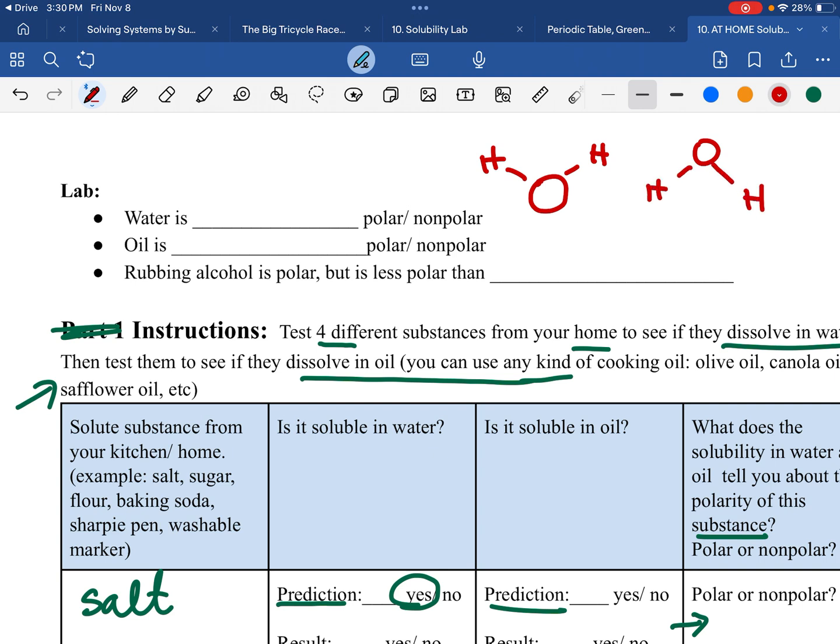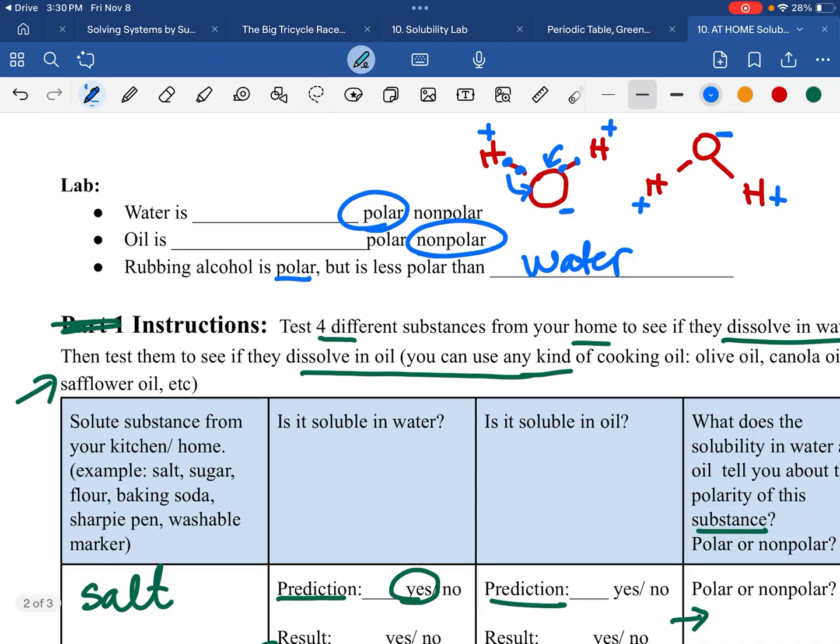The oxygen side is very negative, and the hydrogen sides are positive, because the 2 electrons in each bond that they share spend most of their time hanging out around the oxygen, because the oxygen has a greater attraction for electrons. So water is a polar molecule, meaning one that has 2 poles, a positive pole and a negative pole. And oil is nonpolar. Now, rubbing alcohol is polar, but it's less polar than water.